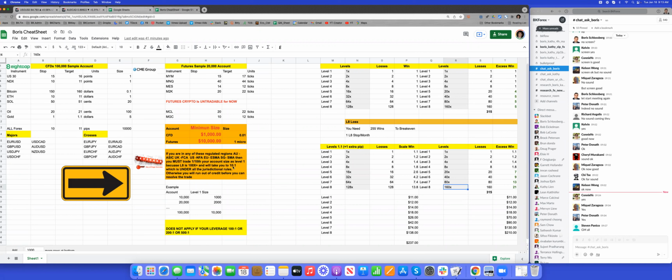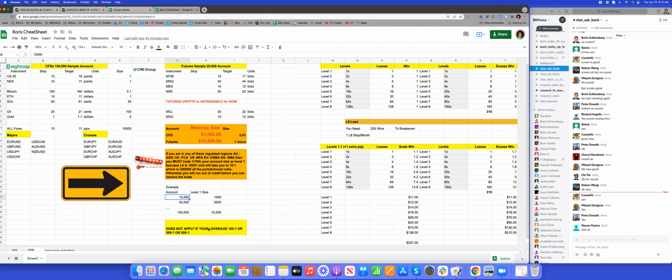For example, pound in the US is really only 20 to 1 under certain brokers. The point is, you will literally not be able to execute the single most important trades, the 7 and 8 trades, the ones that could resolve everything for you. You'll be shut out of them. And if you don't want to be shut out of them, you have to respect these levels.